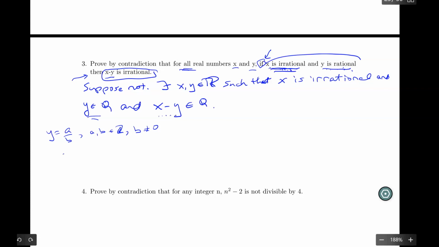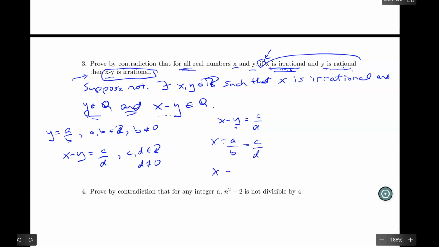And means this is happening at the same time. x minus y is supposed to be, and I'll have to use different letters, c over d, where c and d are elements of the integers and d doesn't equal 0. Now let's combine these things together. Let me write this up again so you can see what I'm substituting in. Now let's substitute in for y: x minus a over b equals c over d.